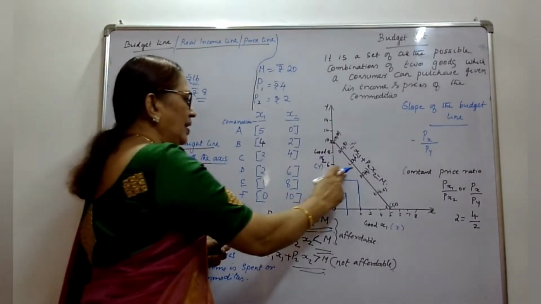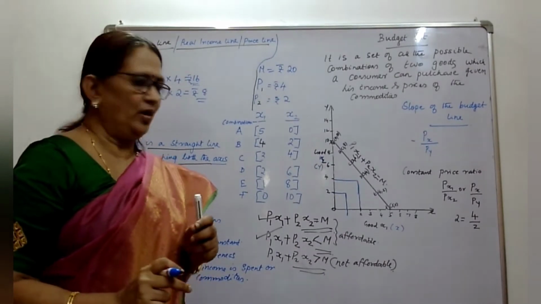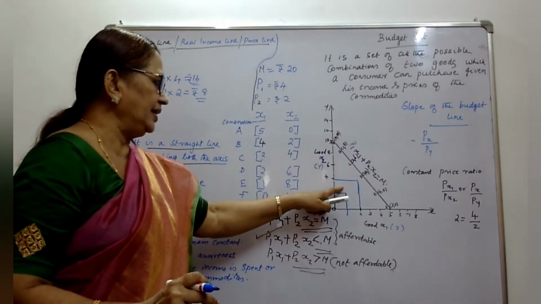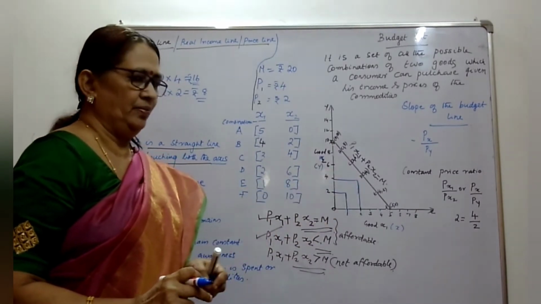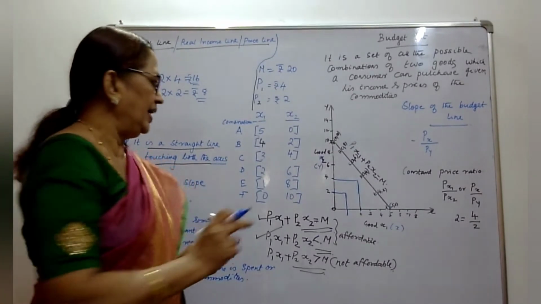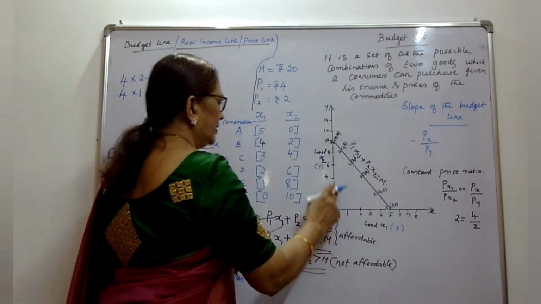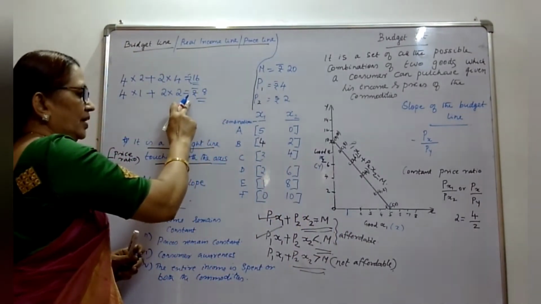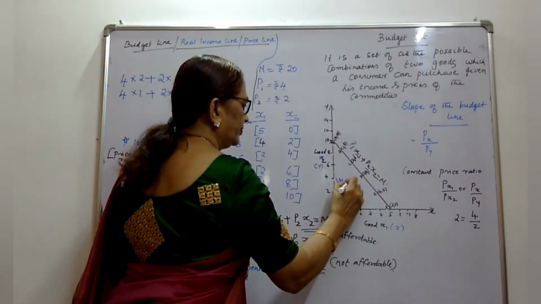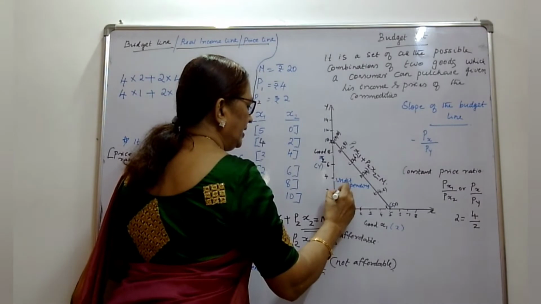So, all the bundles inside this budget line will cost less than income. Less than income or equal to income, both are affordable. But inside this budget line, this is underspending. What is the equation here?